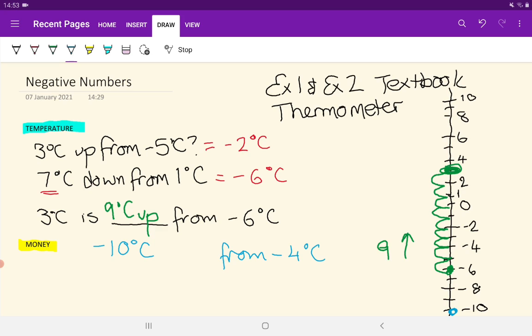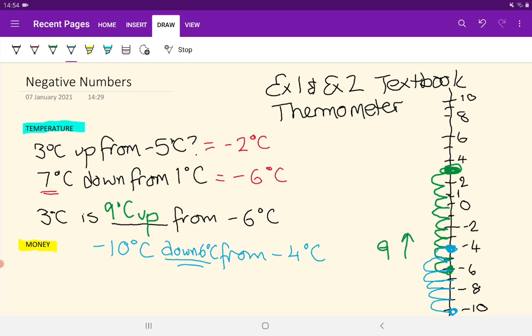We want to get there from -4. So from -4 we're going down this time, we notice. We're going down 1, 2, 3, 4, 5, 6. So we're going down 6 degrees Celsius from -4. So that's helping us work out the difference.